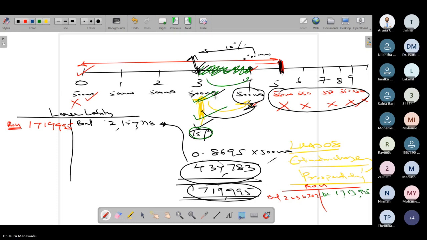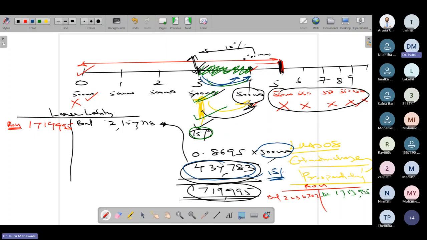What is the interest? Now you have taken the present value of last cash flow. The liability on this date is 434,783. So how to calculate the interest on this particular date for the remaining 1 year? Apply 15%.